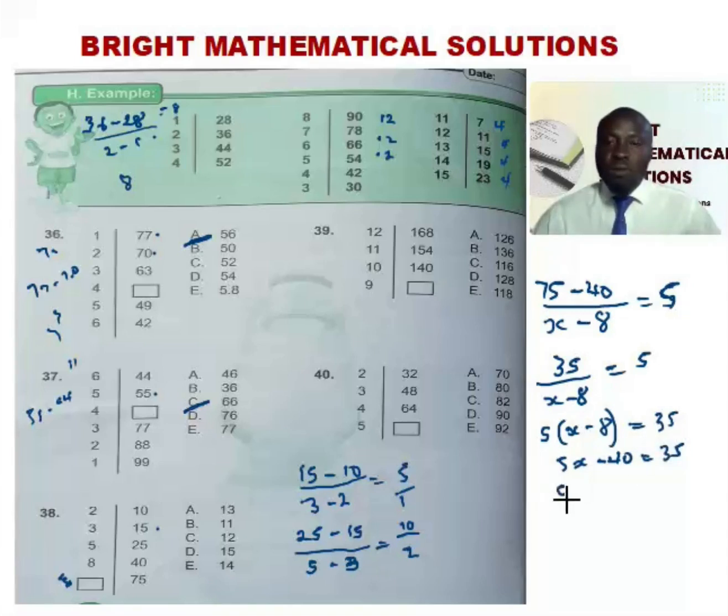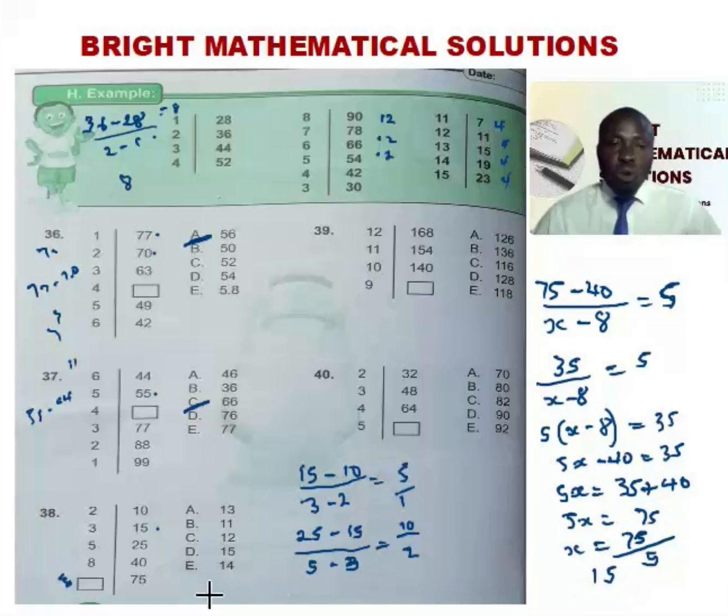So 5x equals 35 plus 40. So 5x equals 75. So x equals 75 divided by 5. And if you divide, that gives us 15. So our unknown here is 15, which is D.